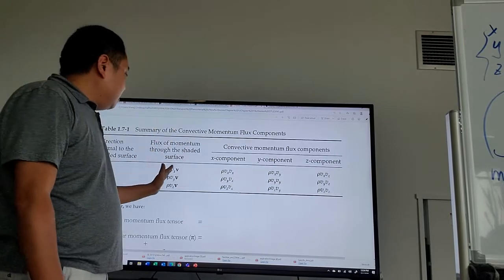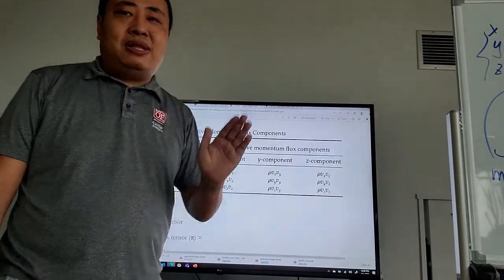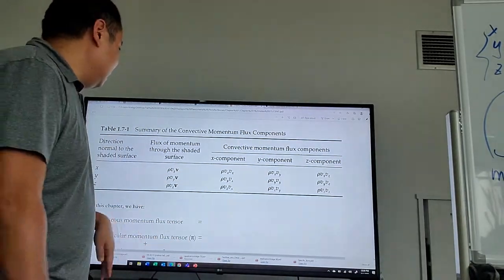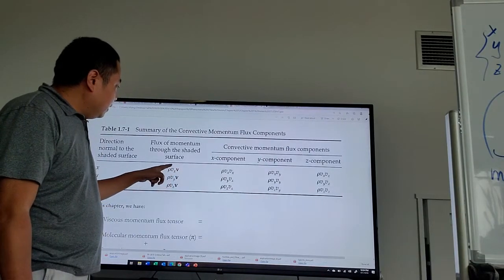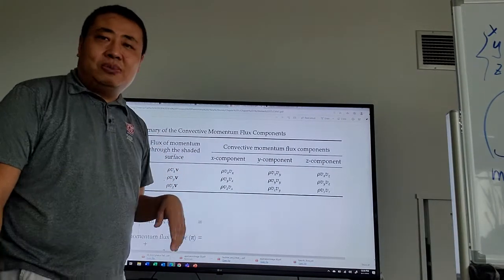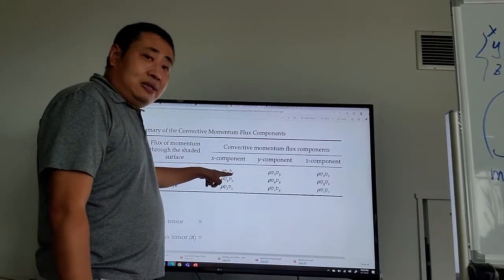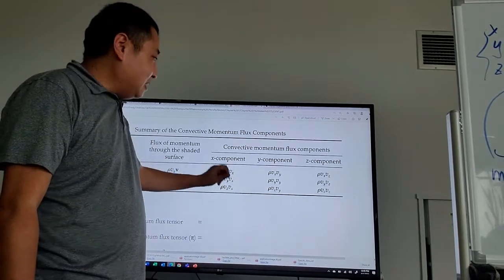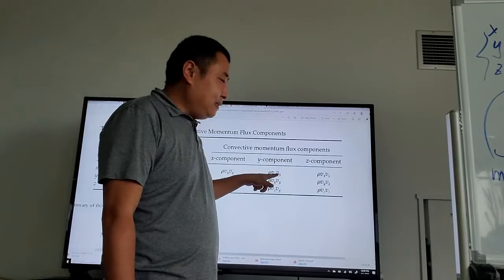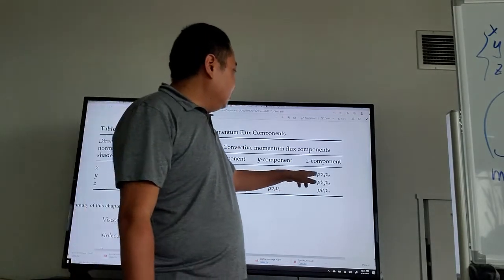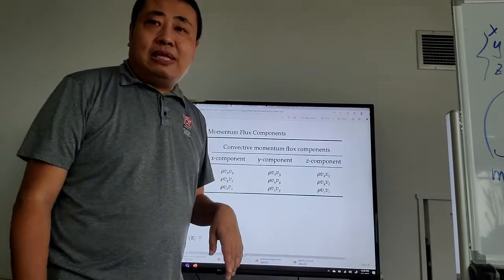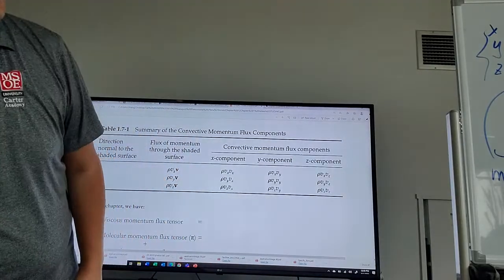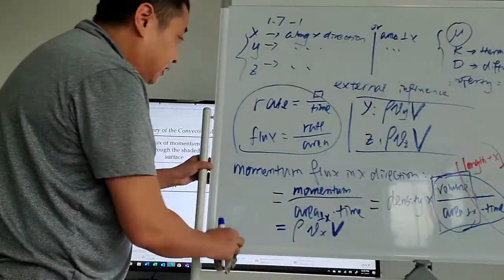These are easier ways to understand. Now for this case, it has 3 subcomponents. If the momentum itself is from x, it's rho vx vx. If the momentum comes from y, it's rho vx vy. If the momentum is from z, then it's rho vx vz.